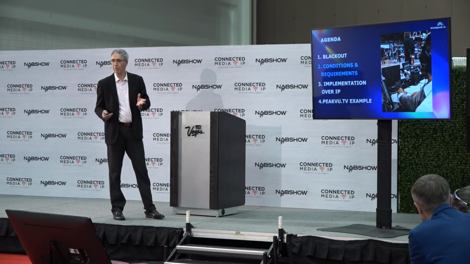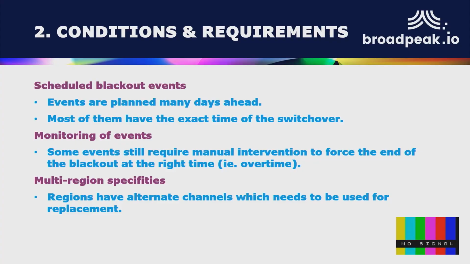So now if we move forward into the implementation, let's have a look at what it means exactly. First of all, most blackout events are known in advance. So that's pretty good news. It means that the schedule is known, sometimes days ahead, sometimes weeks ahead.